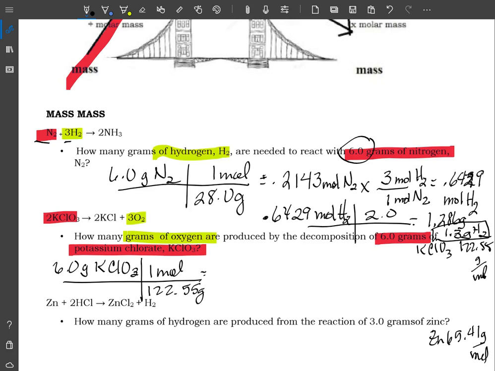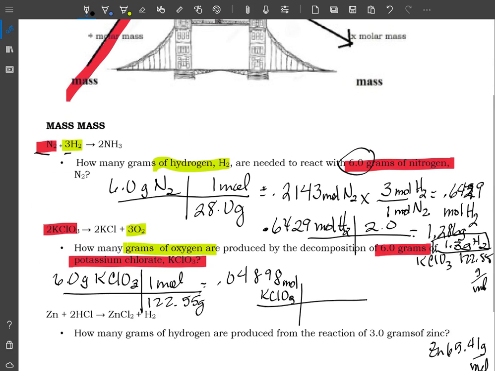If I divide, that gives me 0.04898 moles of KClO3. The next step is to multiply that by my ratio. My known quantity goes on the bottom.